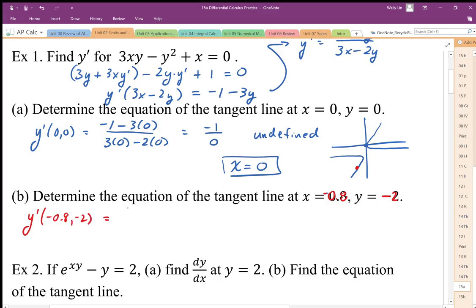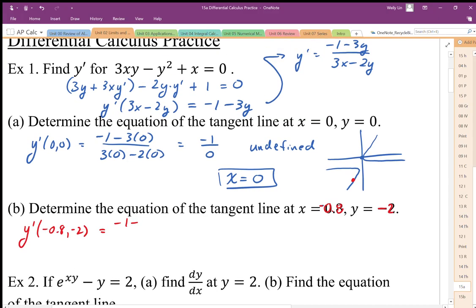So I'm going to plug that into my derivative. Negative 1 minus 3y over 3 times x minus 2 times y. When we work that out, that's going to end up being 5 over, looks like negative 2.4 plus 4 is 1.6.